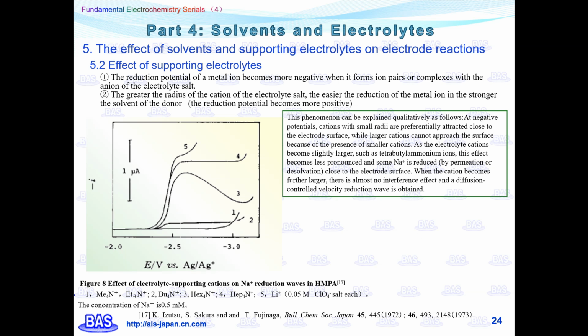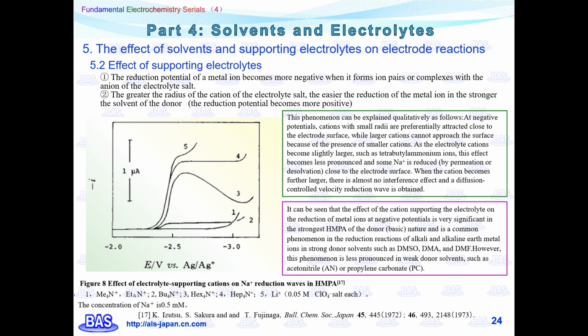It can be seen that the impact of the cations of the supporting electrolyte on the reduction of metal ions at a negative potential is very significant in the strongest donor HMPA and in solvents such as DMSO, DMA, and DMF with strong donor properties.